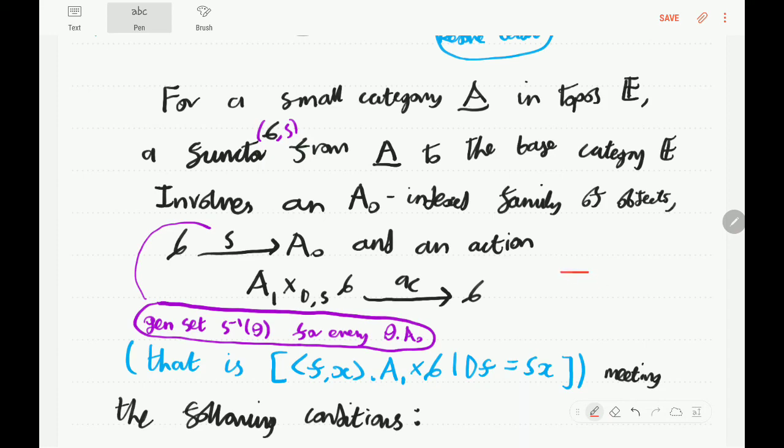we'd say, well, we have this functor Z, which we said is going to be a functor from A to Set. Now, what that means then is that for an object theta of this category A, we're going to have that Z of theta is going to be a set, okay?